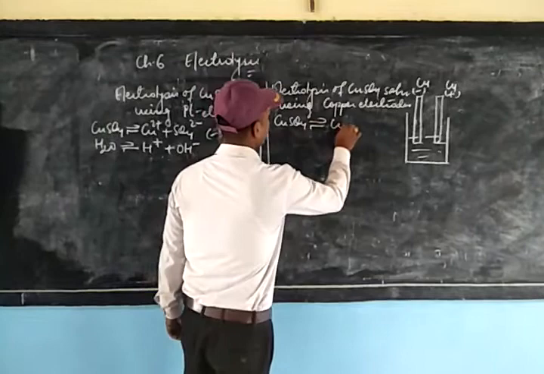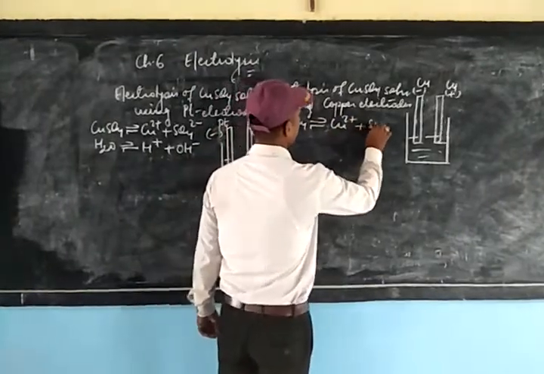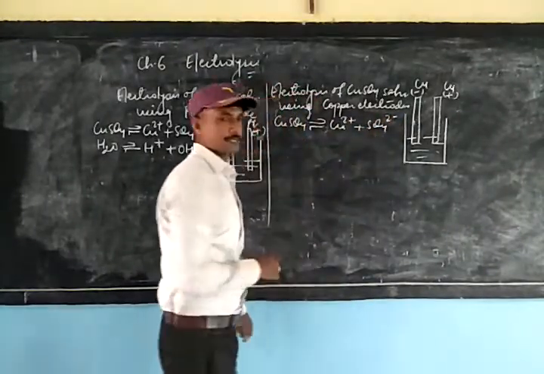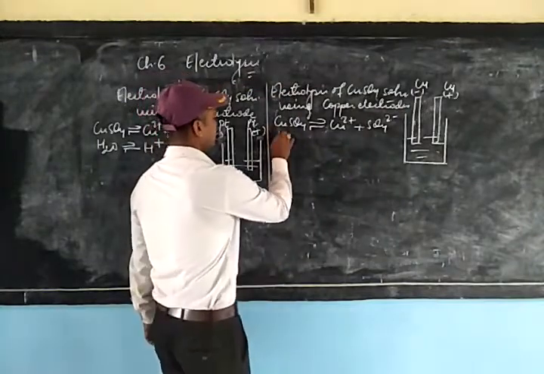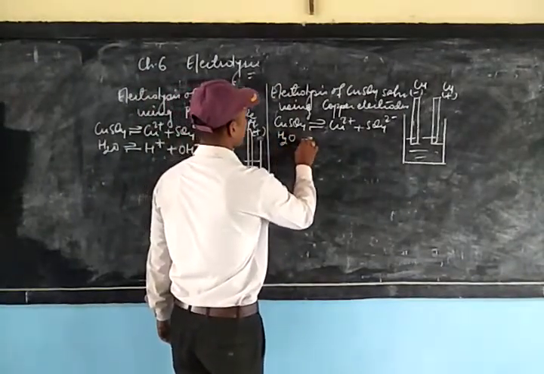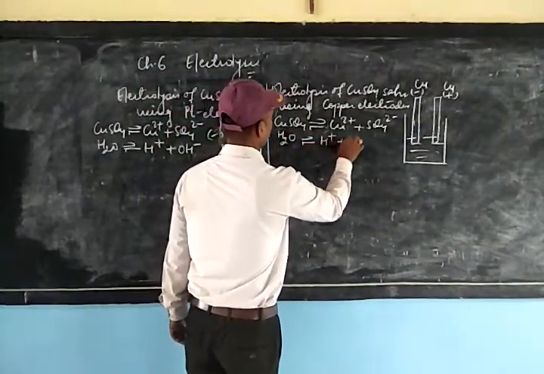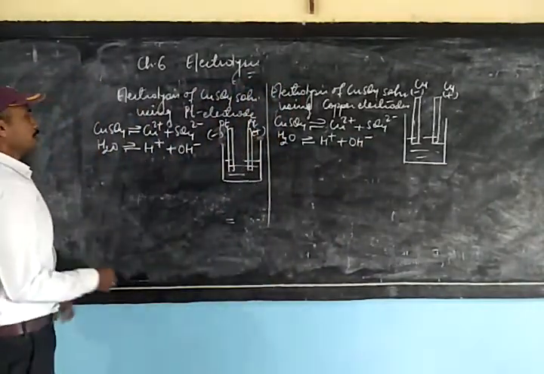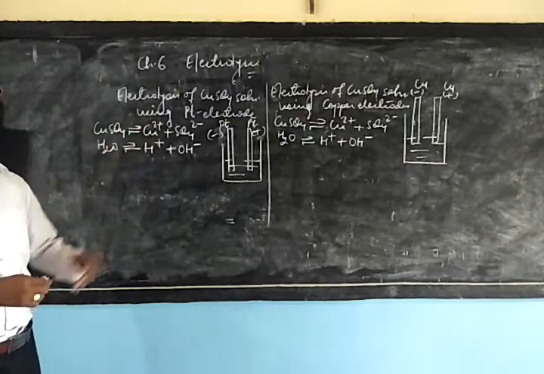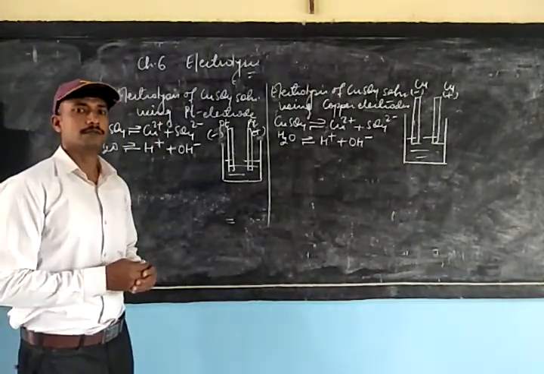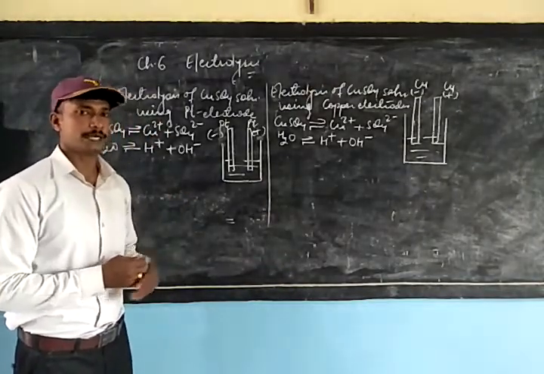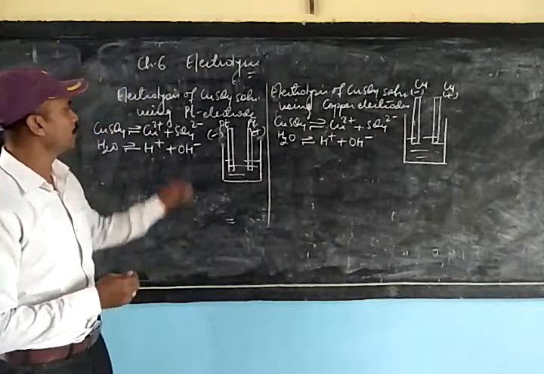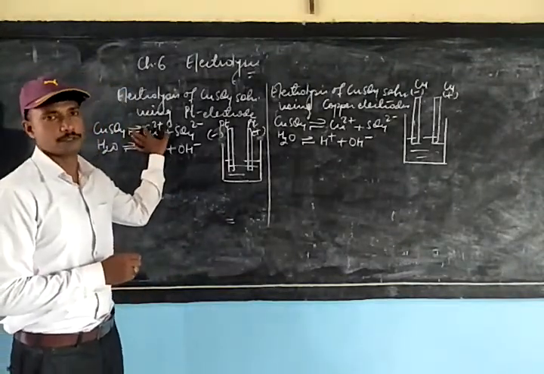CuSO4 gives Cu2+ and SO4 2-, and H2O gives H+ and OH- ion. Now as you know that since there are positive and negative ions, there will be discharging, but as per the electrochemical series it will be copper ion that will be discharged first.